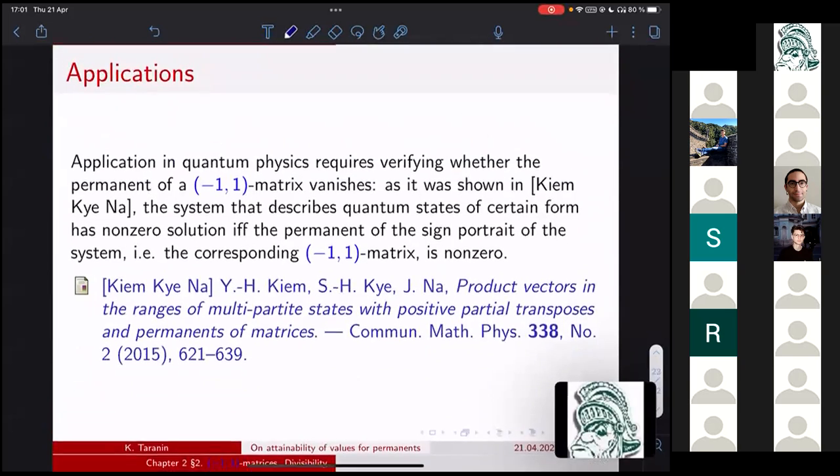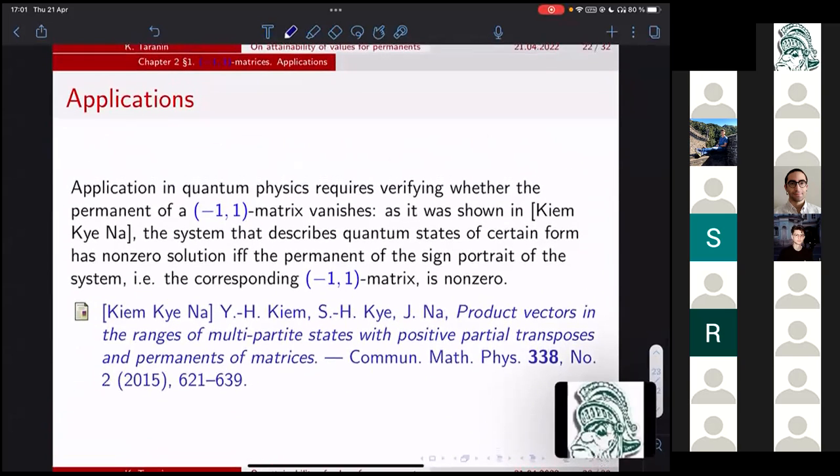Another instance is from another paper. It connects a result in quantum physics called the range criterion with the permanent of -1,1 matrices.